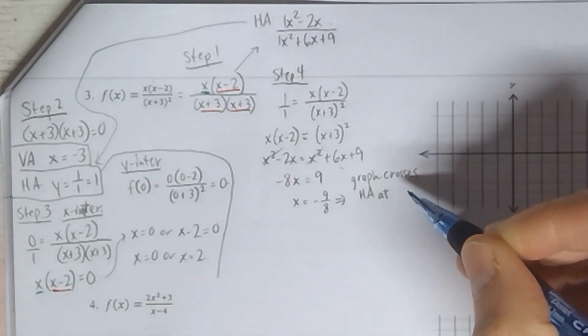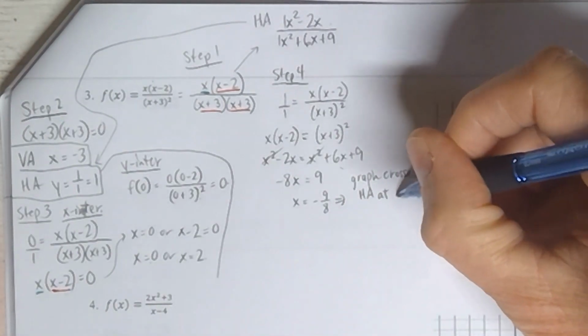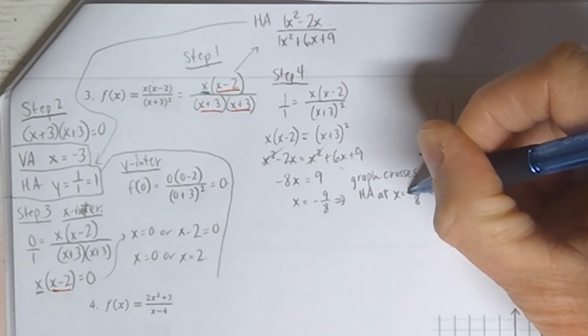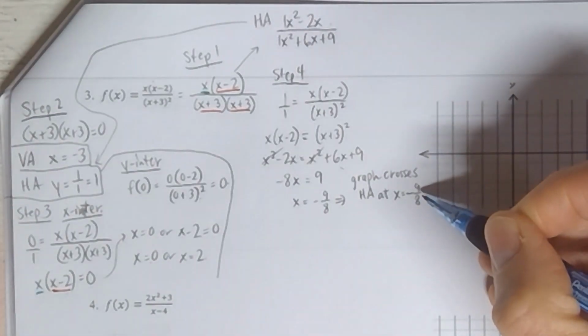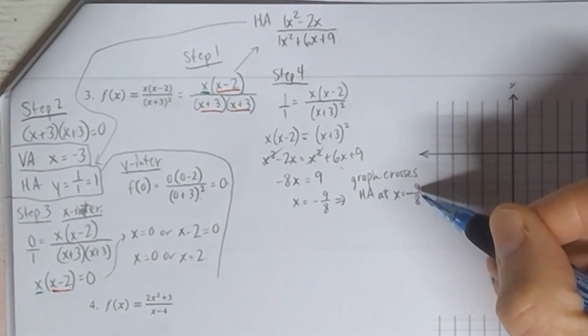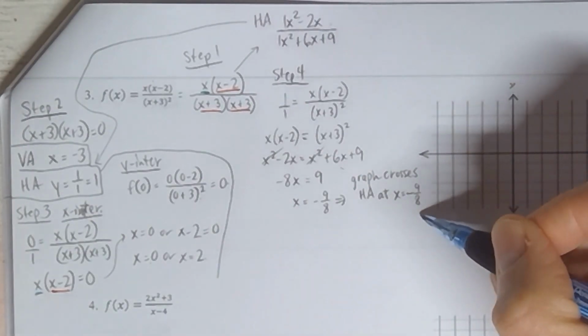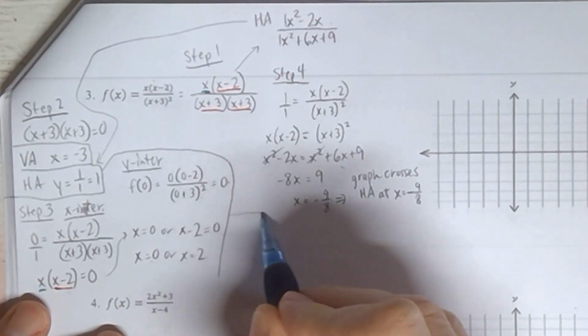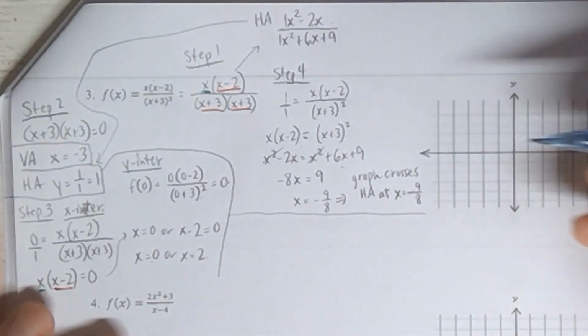It crosses it at x equal to negative 9/8, which is between -1 and -2, because your calculator says this is -1 point something. So it's going to cross the horizontal asymptote between -1 and -2. We'll keep that in mind here.